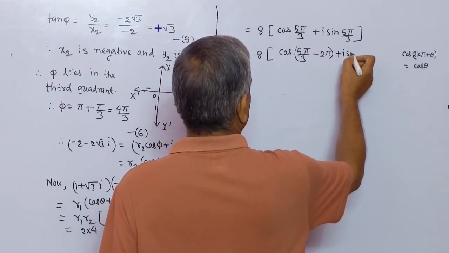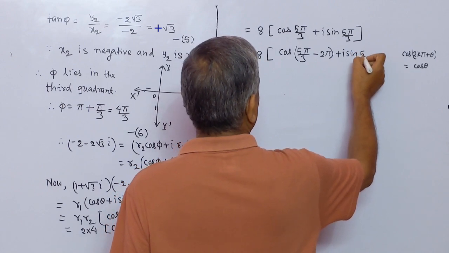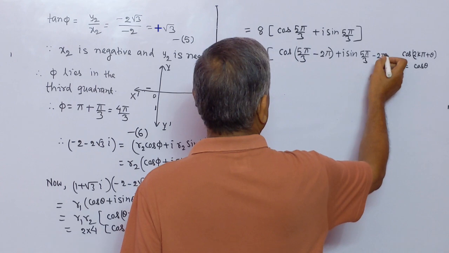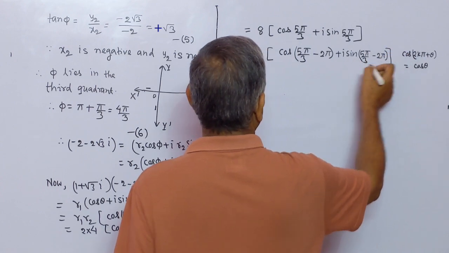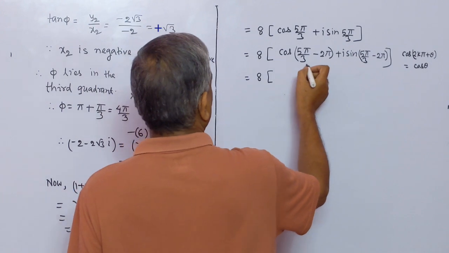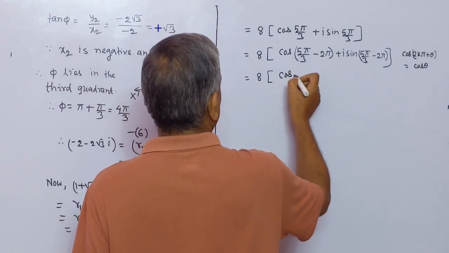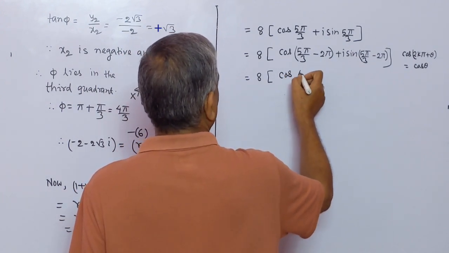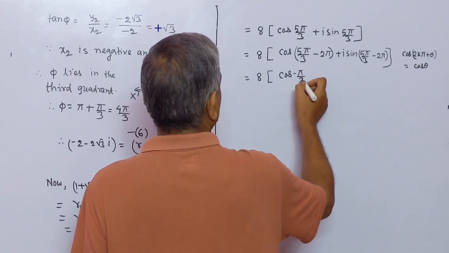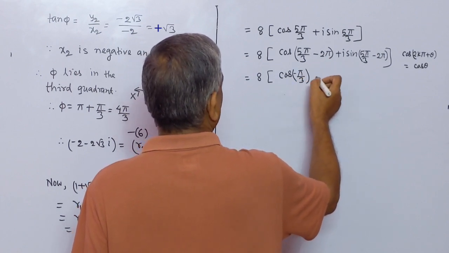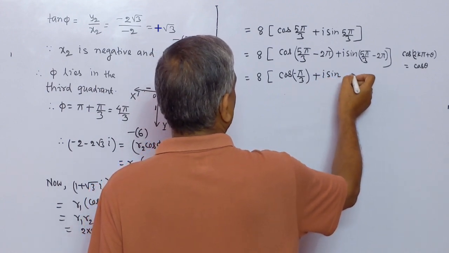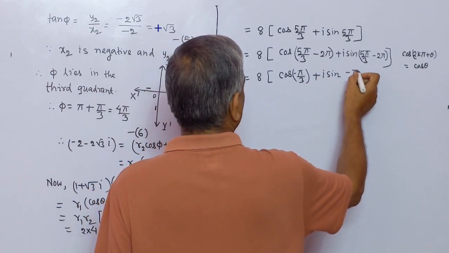Cos 5 pi by 3 minus 2 pi plus I sin 5 pi by 3 minus 2 pi, this equals 8 cos minus pi by 3 plus I sin minus pi by 3.